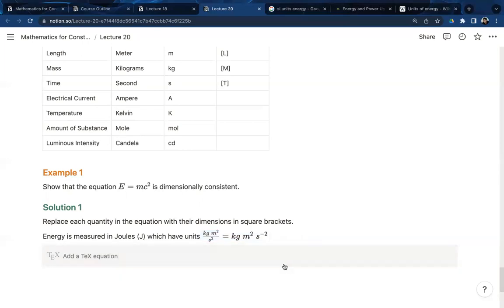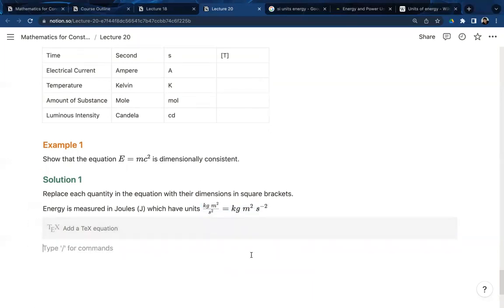This is a more popular way of writing it.